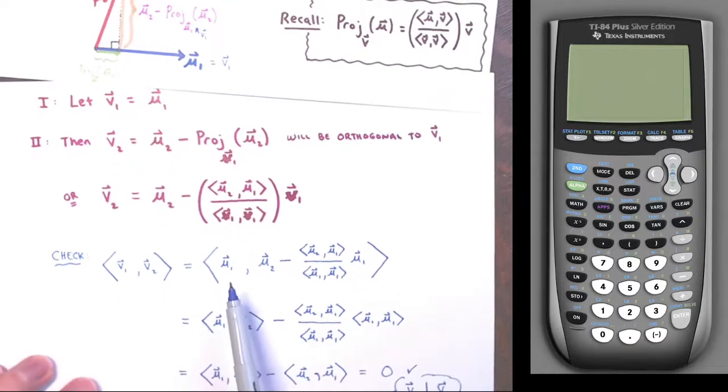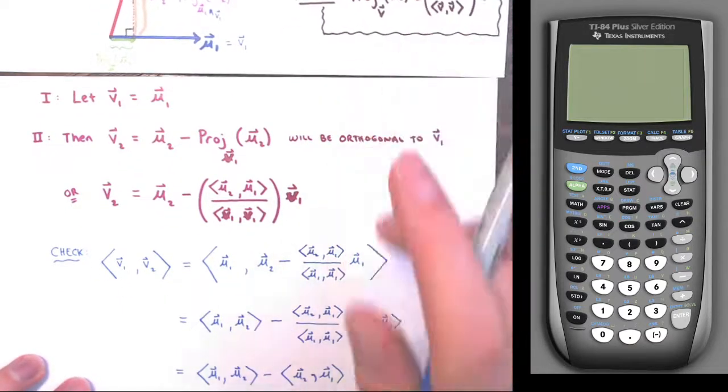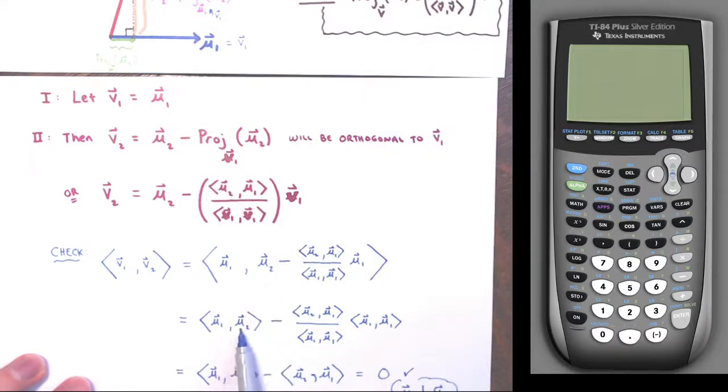So this inner product would be equal to the inner product of u1 with u2 minus this scalar pulled out. This division of the inner products, the inner product of u2 with u1 divided by the inner product of u1 with u1, is a scalar, then times the inner product of u1 with u1, using the additivity and homogeneity properties. In the second term, the inner product of u1 with u1 is in the numerator and denominator, so those cancel.